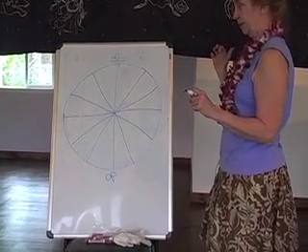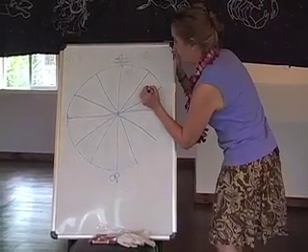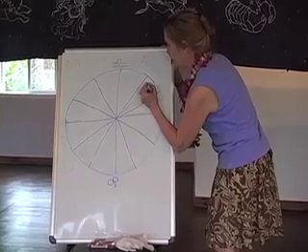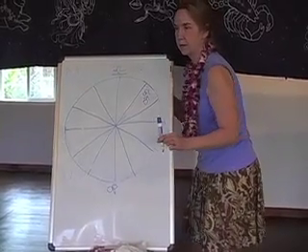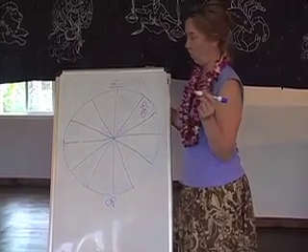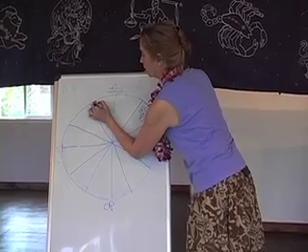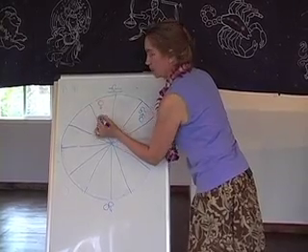Mars is in Leo in the 8th house. Where's Venus? 10th house, sorry. Is Venus in Libra? Yeah.